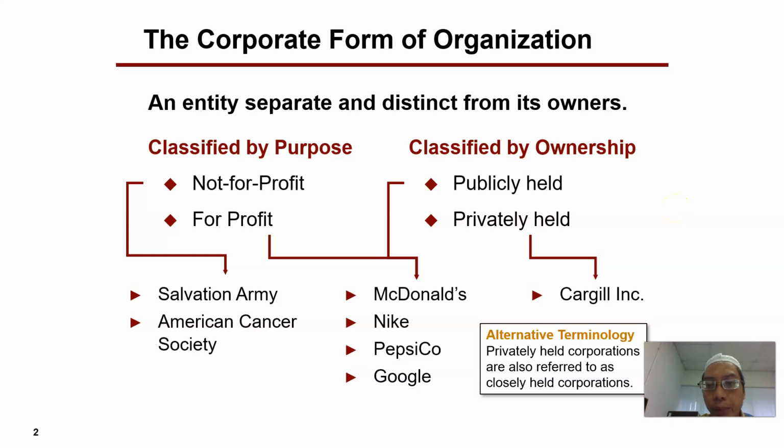What do we mean by publicly held and privately held? In a publicly held company, people can buy and sell their ownership freely in the market, whereas in privately held companies, the ownership of the company is not bought and sold in the open market, but is controlled by the other owners of the company.